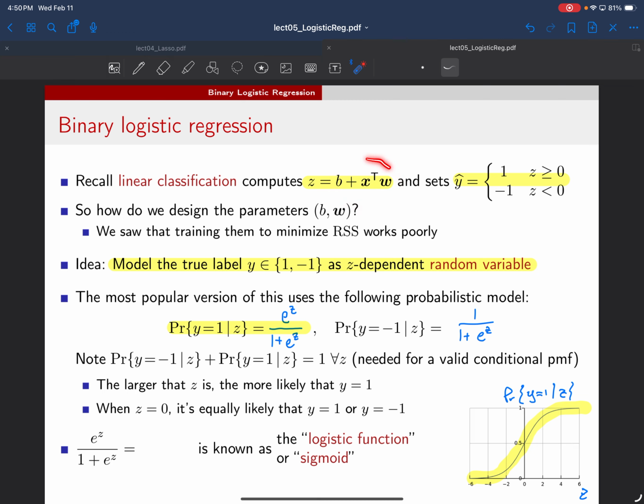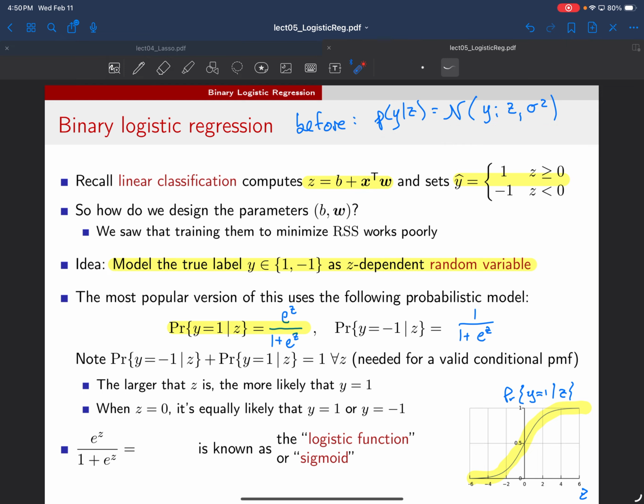Thinking of this as z, we had a density p of y given z that was Gaussian in the variable y, with z as the mean and sigma squared as the variance.